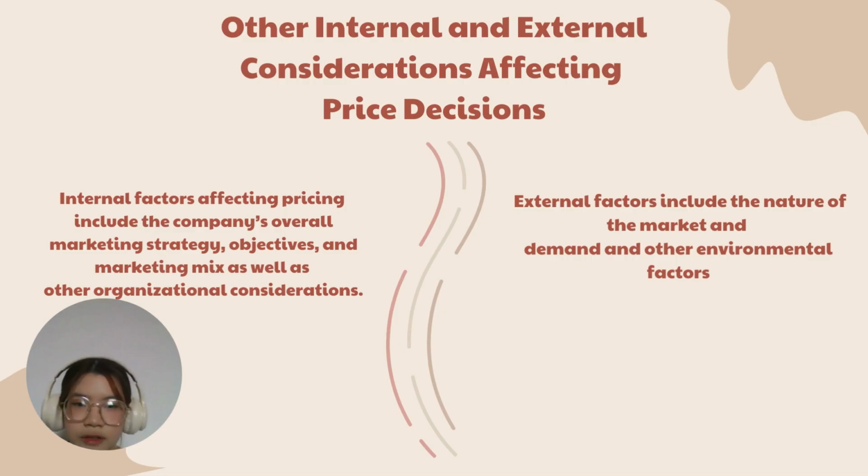Other internal and external considerations affecting price decisions are divided into two parts: one is internal factors and two is external factors. Internal factors affecting pricing include a company's overall marketing strategy, objectives, and marketing mix, as well as other organizational considerations. External factors include the nature of the market and demand and other environmental factors.